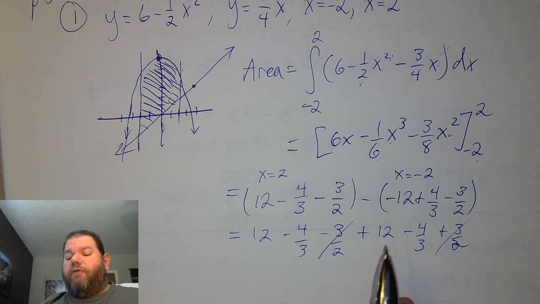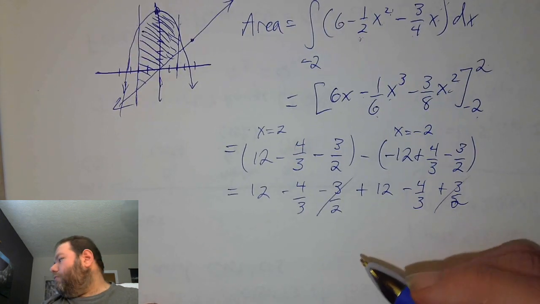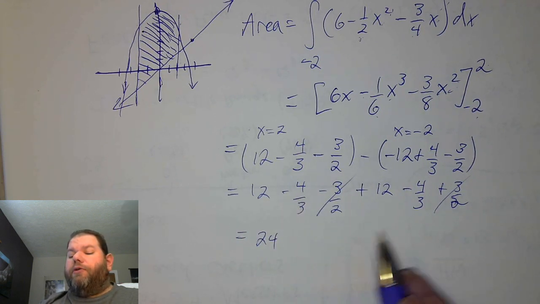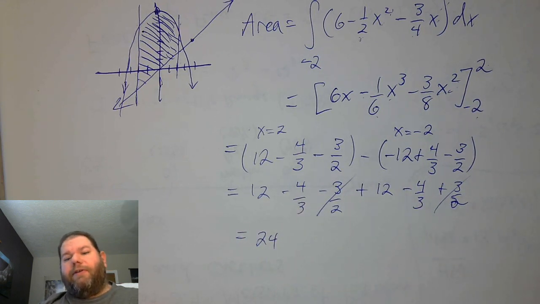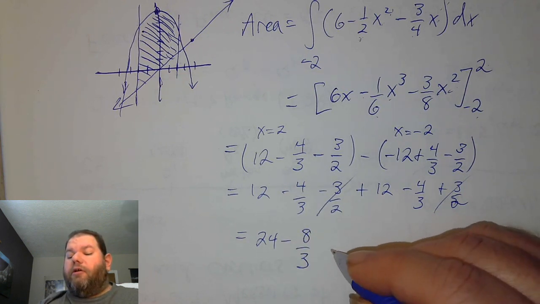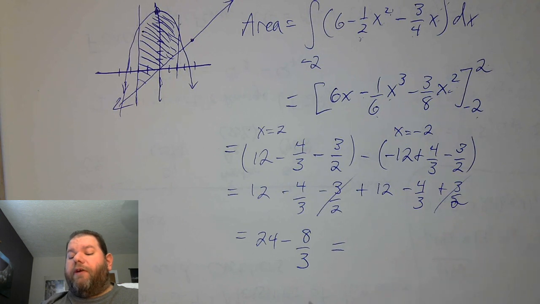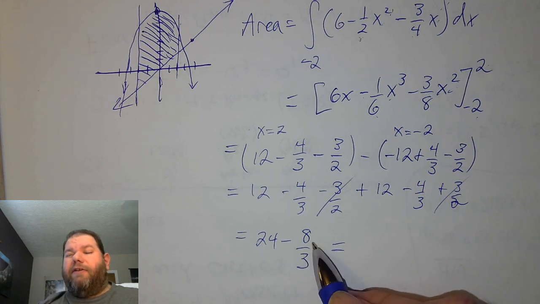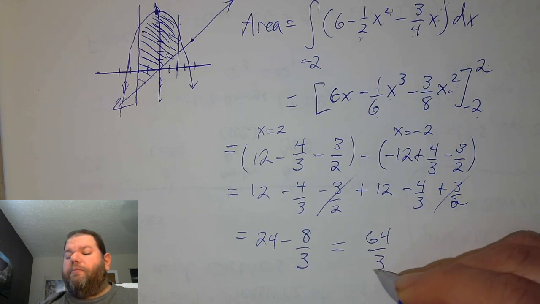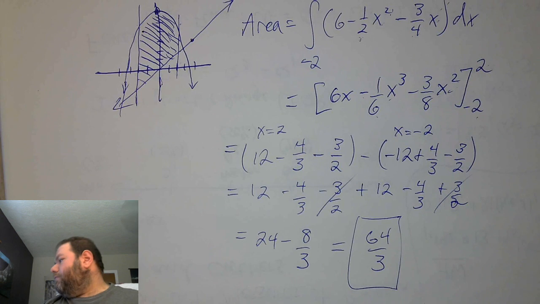So 12 and 12 is 24. Minus 4/3 and minus 4/3 would be minus 8/3. And if we wrote that as an improper fraction, that'd be 3 times 24 is 72, minus 8 is 64/3. Okay.